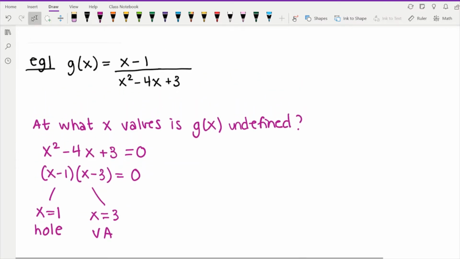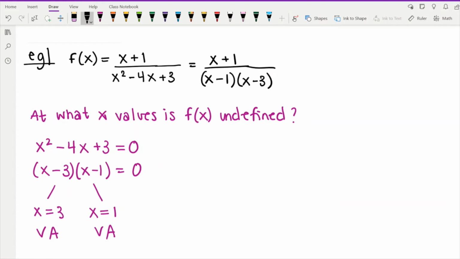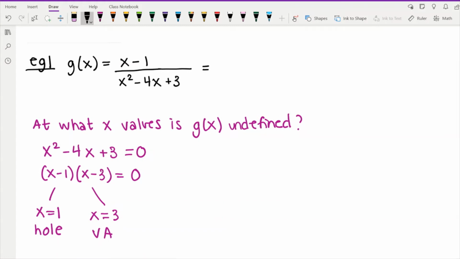Well, just like we did on the last version, we rewrote it as its factored form at the top. I'm going to do the same thing on this function. So if we rewrite this with the denominator factored, well, now we can see that we have a common factor in the numerator and the denominator.